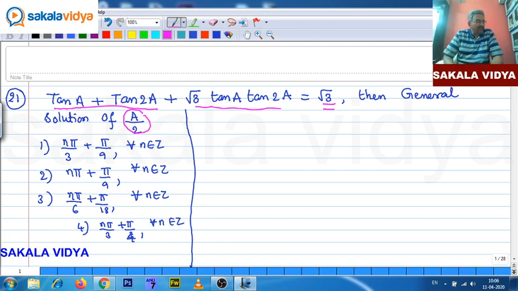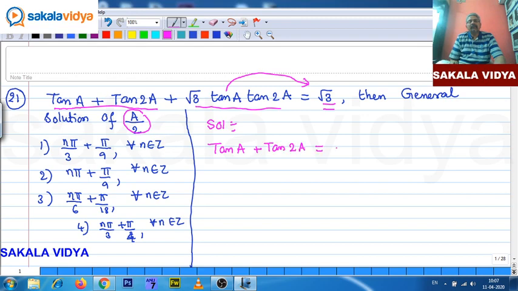Okay, now the solution. In order to write like this, take plus root 3 tan A tan 2A to this side. So tan A plus tan 2A equals root 3 minus root 3 times tan A tan 2A.